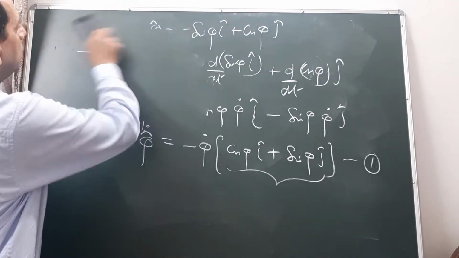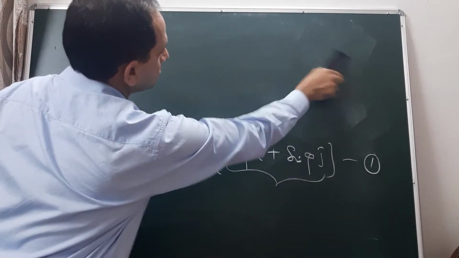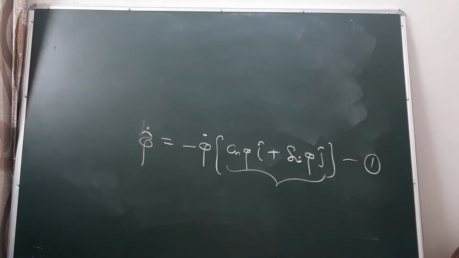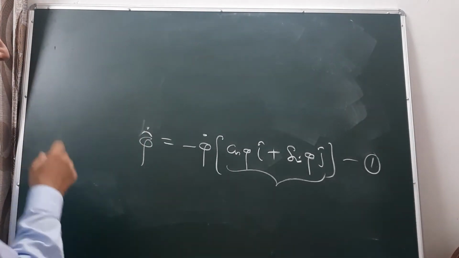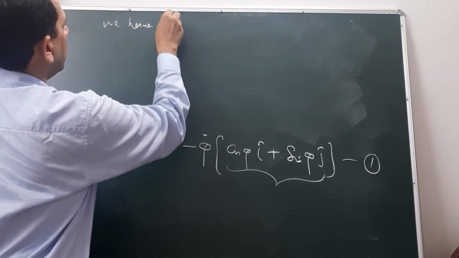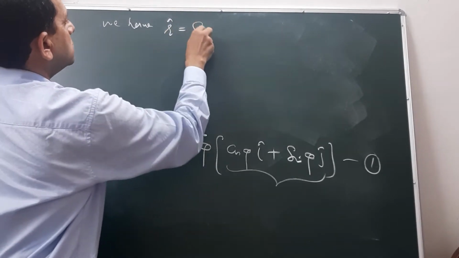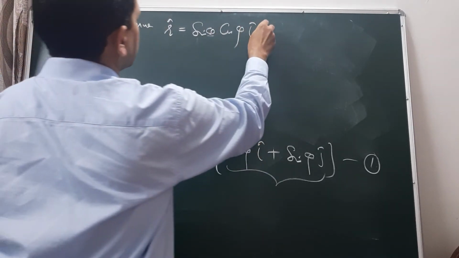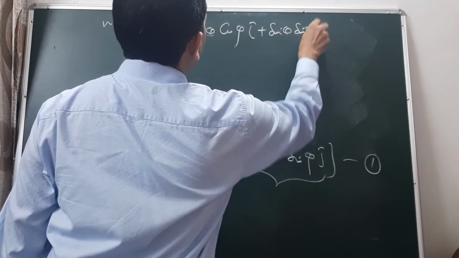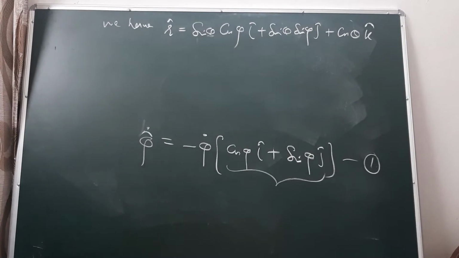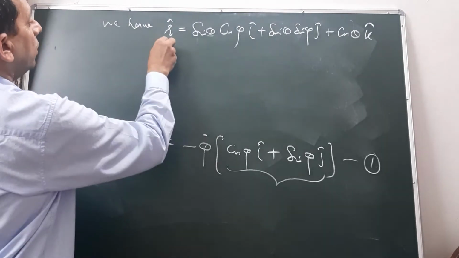How can it be obtained? It can be obtained by using standard results. We have r cap as sin theta cos phi i plus sin theta sin phi j plus cos theta k. We know that this is the value of r cap, and the value of theta cap.